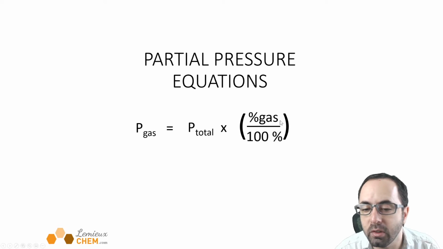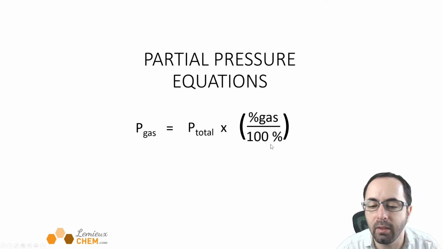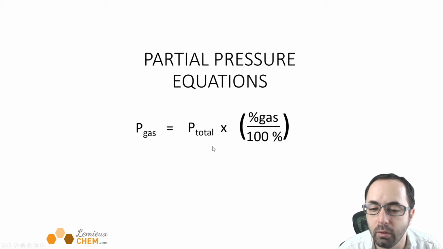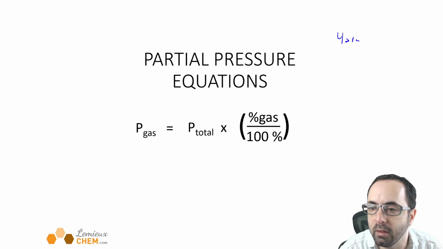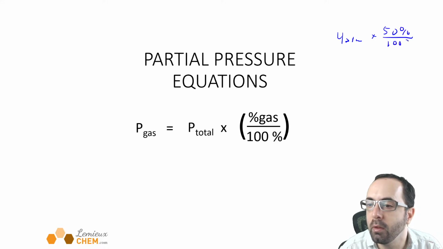So we take the percentage of the mixture that is one gas and divide that by 100% to turn it into a decimal, and then we multiply that by the total pressure and we get the partial pressure that is due to this gas. So for example, let's say the total pressure was 4 atmospheres, and one particular gas is going to be 50% or half, right?